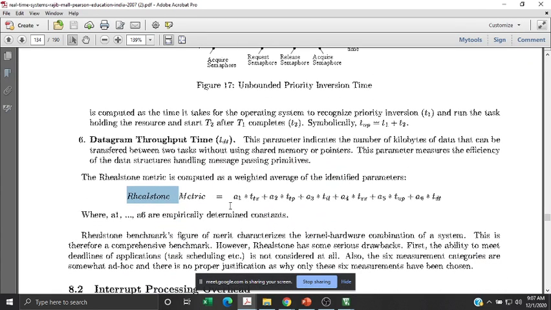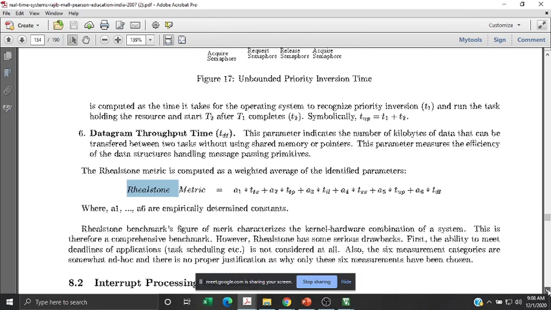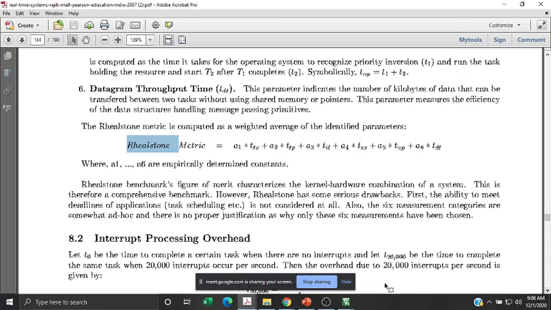All of them are multiplied with A1, A2, which are certain constants, empirically determined. What is meant by empirical values or an empirical formula is that with respect to the observations you derive some constants, approximately with respect to a market survey, so they are determined, and you get some metric with which you can say something is good or bad, or some number, or one identification number as such.